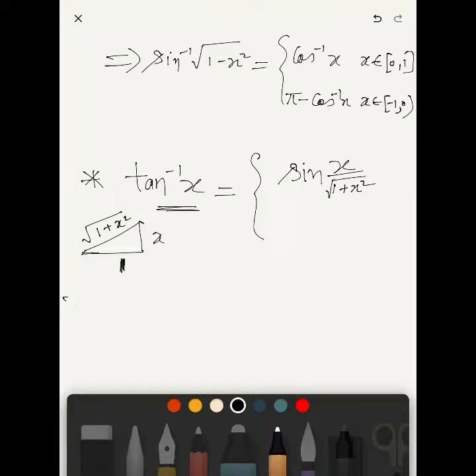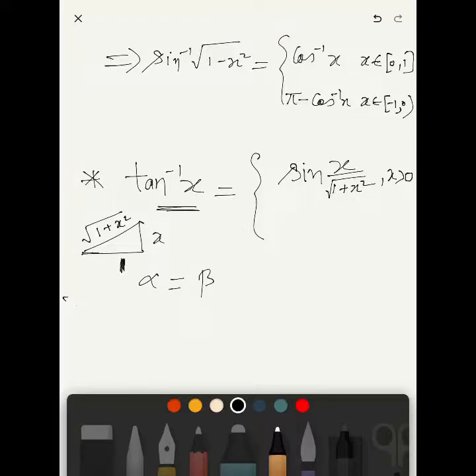You put positive, for x greater than 0. When x is greater than 0, here left hand side will be alpha and your right hand side will be beta. Nothing changes, right, when it is positive.